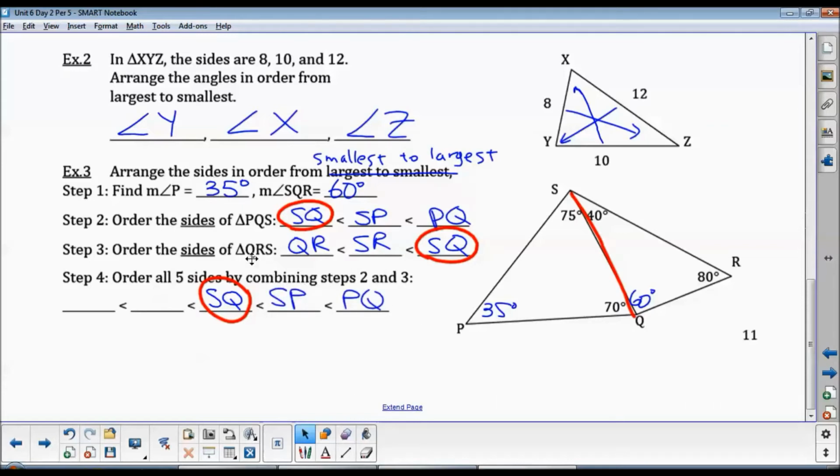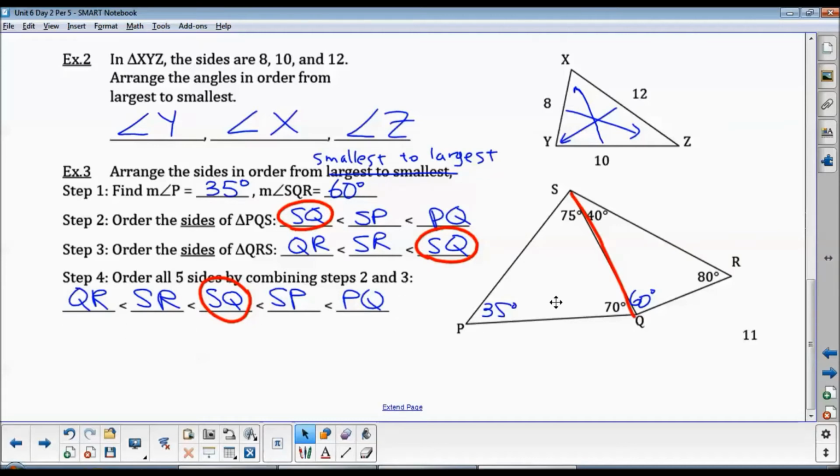And in triangle QRS, we have these two sides which are shorter than SQ. So these are going to be less than SQ. So we have QR and we have SR here. And so we've managed to combine these two different inequality statements together to make one big inequality statement.